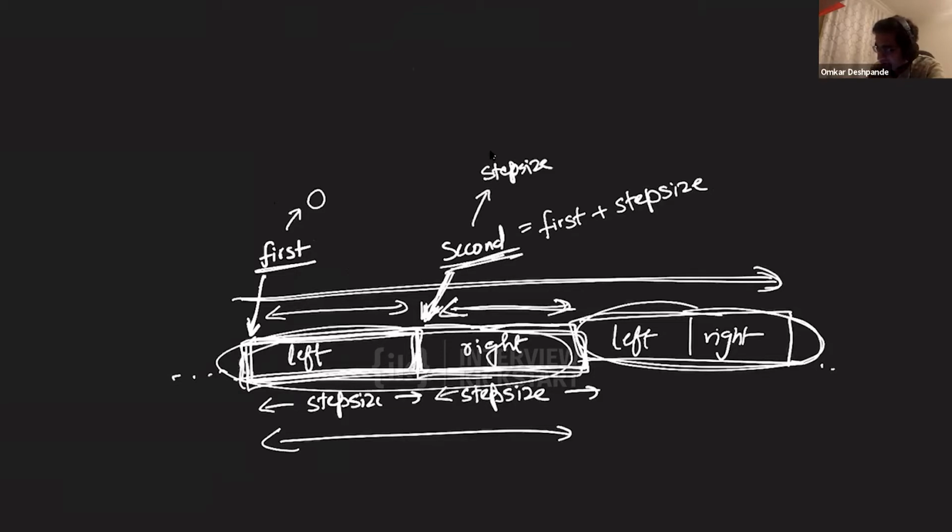The left half and the right half are always sorted in a bottom up way. We have to merge them together into a larger sorted section of double the size and then move on. Then the next subarray pair will be obtained by taking the previous pair and adding 2 times the step size to it. Same thing here for the second.